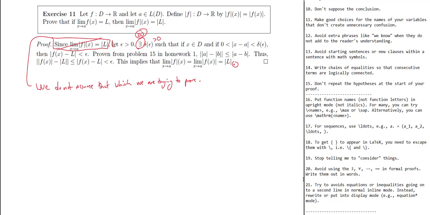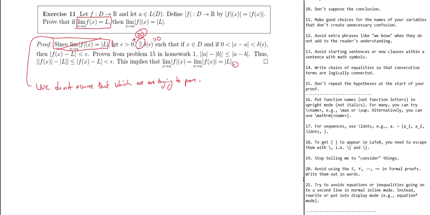Okay, so what you might have wanted to do is maybe you were trying to quote this piece, rather than the conclusion. In which case, you'd want to do that after you've already chosen the epsilon. So you would say, let epsilon be greater than 0.